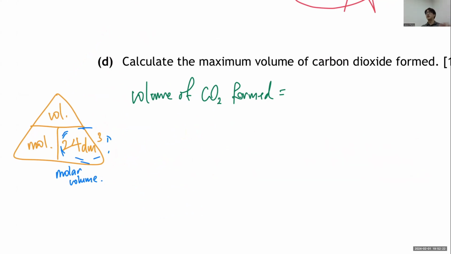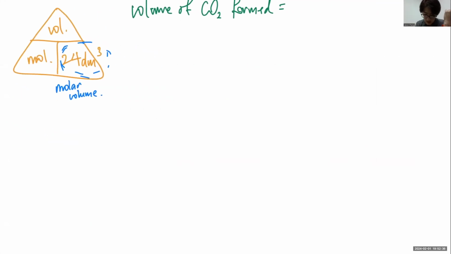So if I do the opposite, I say, oh, I have any gas, random gas X. It occupies 24 dm cubed. How much gas X do I have? 1 mole. It's always the same.